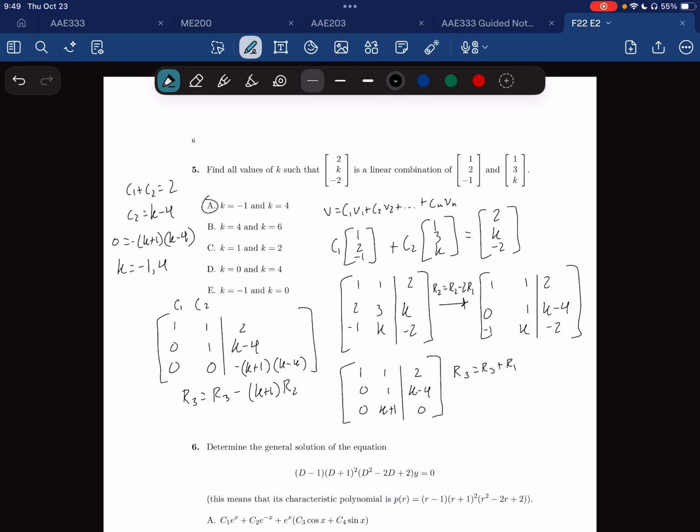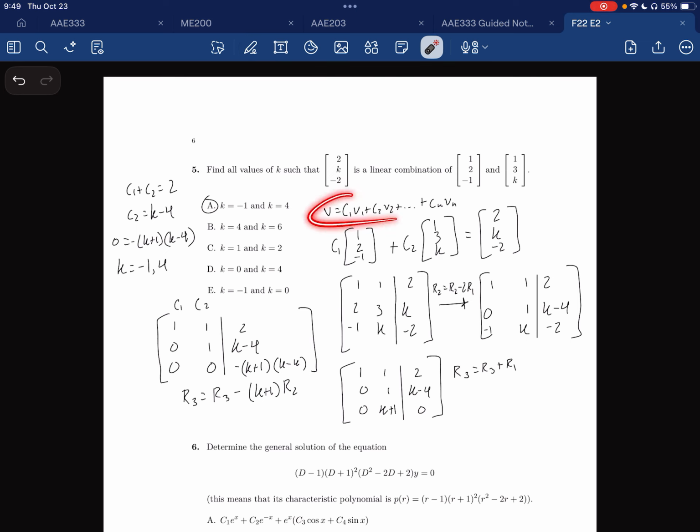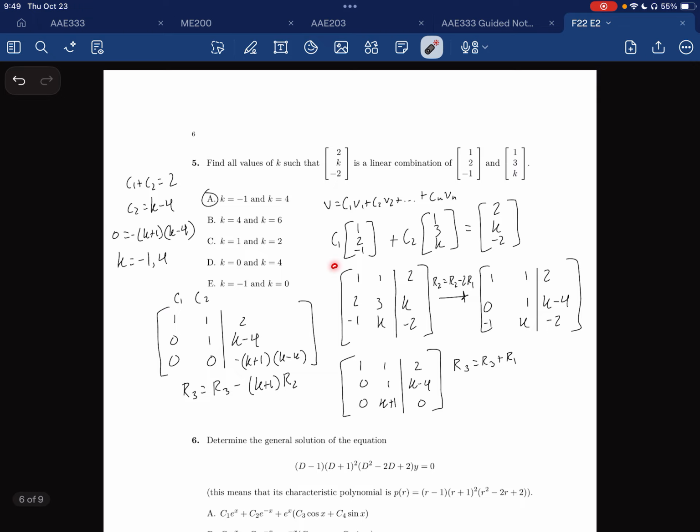But yes, the biggest thing to note for this question is you can make a linear combination when this condition is satisfied, such that your scalars C1, C2, all the way to Cn exist. You set up your matrices and vectors like this. You can augment them, and it'll always be this setup right here.